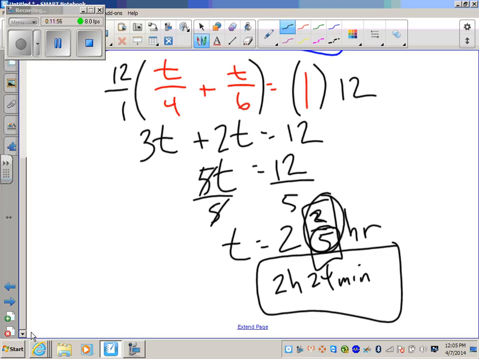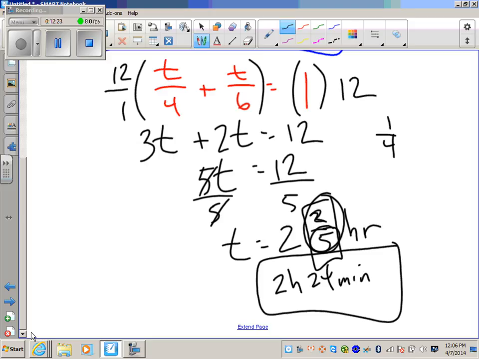Don't worry about if you're not comfortable turning it into minutes, at least just get the fraction right. I don't want to make you think too hard. What would 1/4 of an hour be? Of an hour.